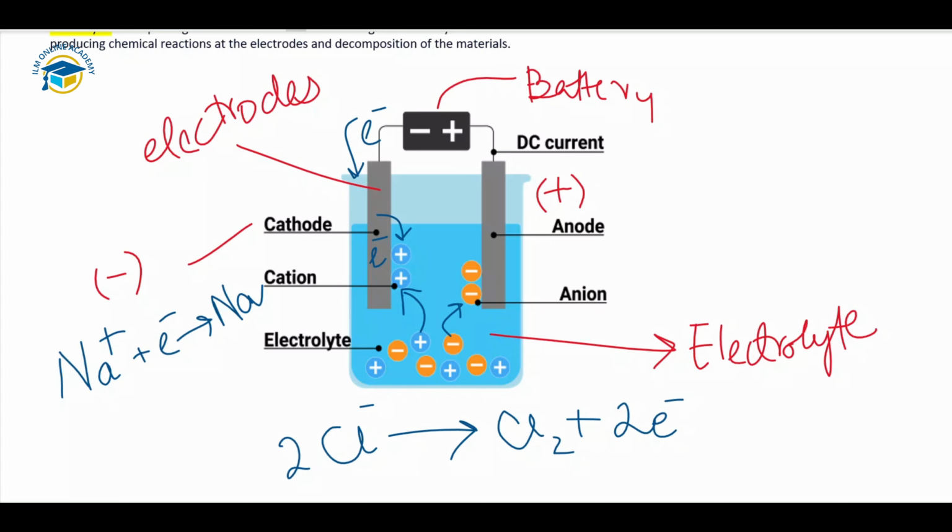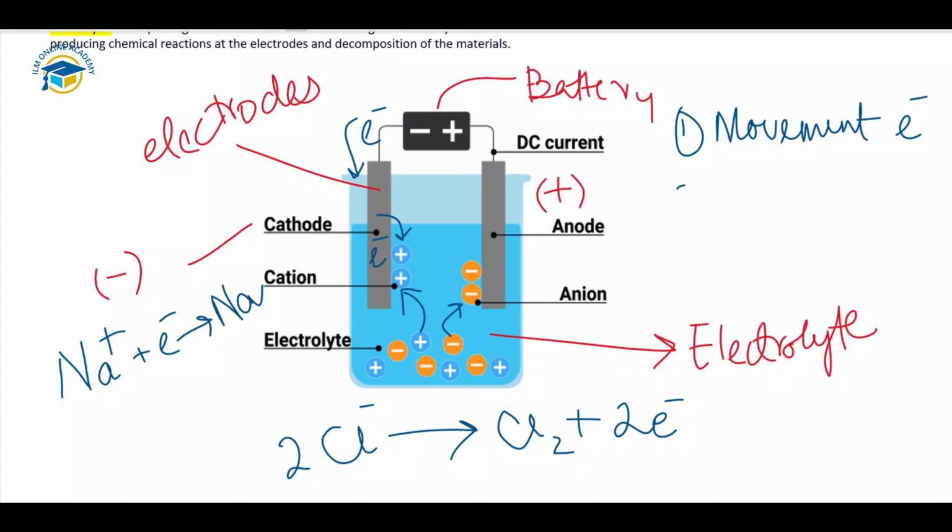So this is the electrolysis of any compound. We have electrodes, we have the electrolyte, that is the liquid solution, and the battery for the conduction of charge. The transfer of charge during electrolysis is by the movement of electrons in the external circuit. Electrons are not present in the electrolyte, they just move in the external circuit.